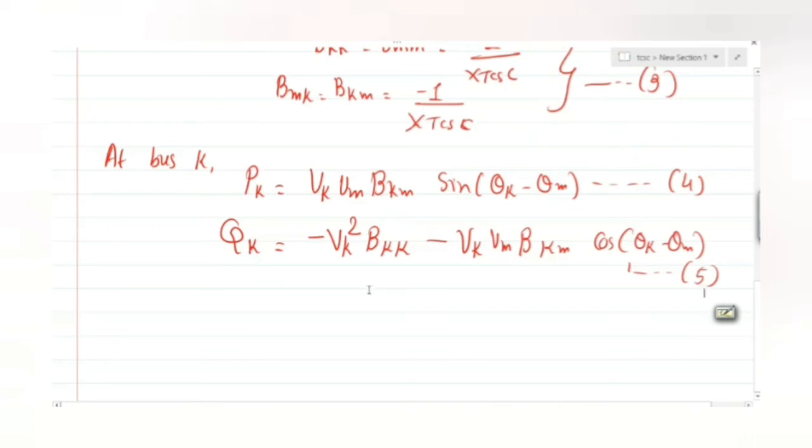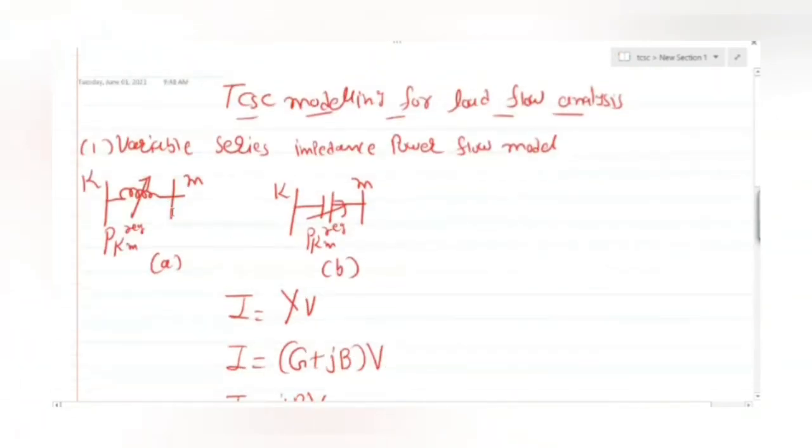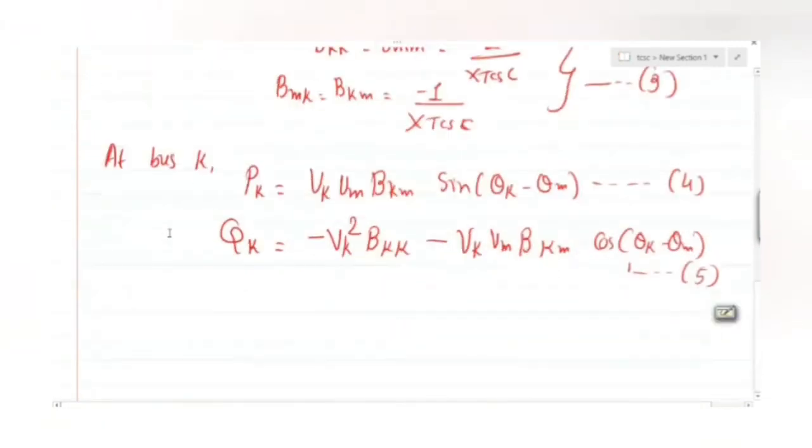And for the conditions shown in this figure, where the series reactance regulates the amount of active power flowing from bus K to M at a value Pkm regular, the set of linearized power flow equations is given in matrix form.